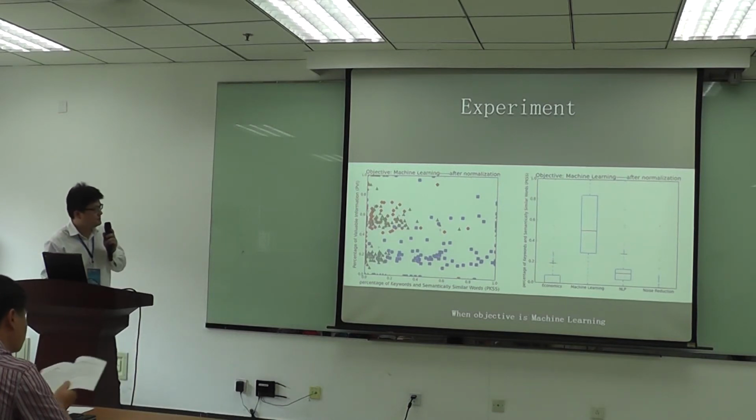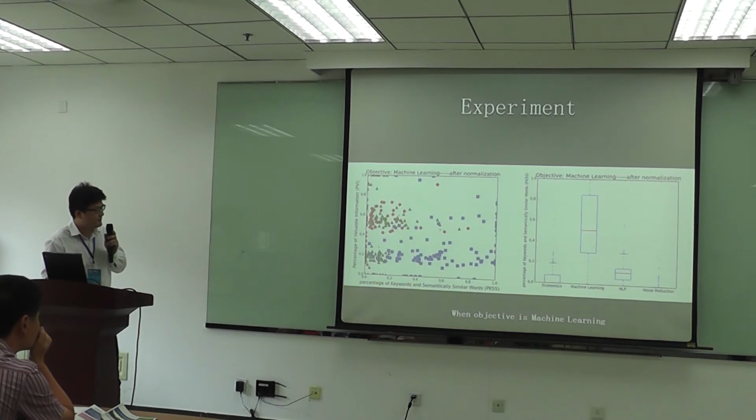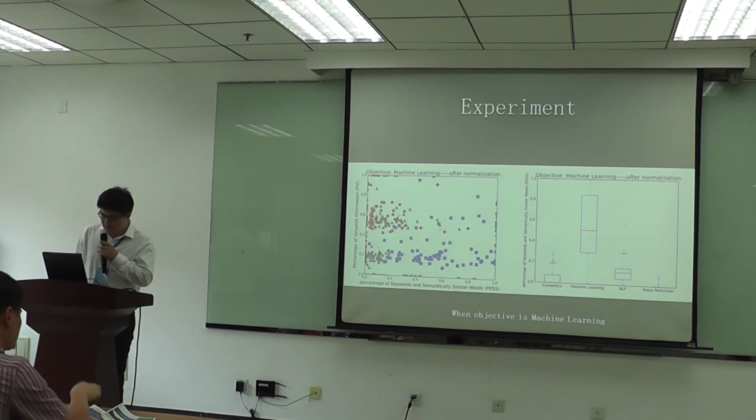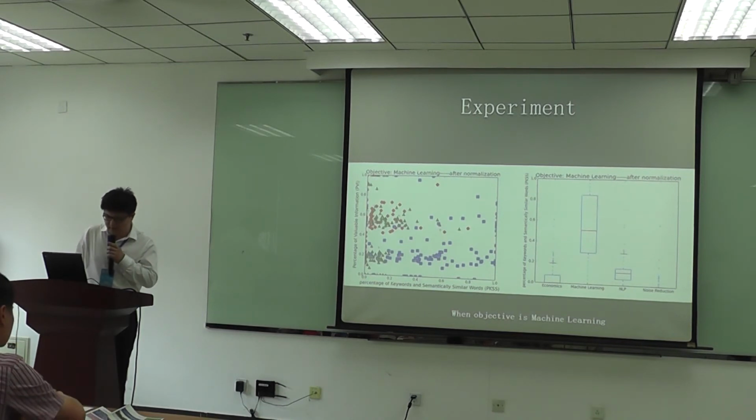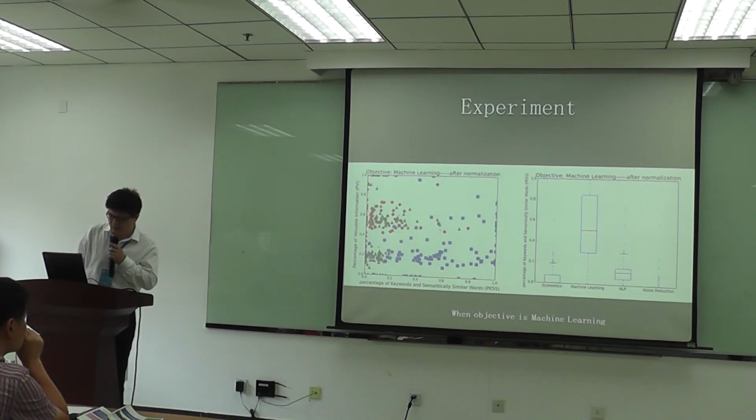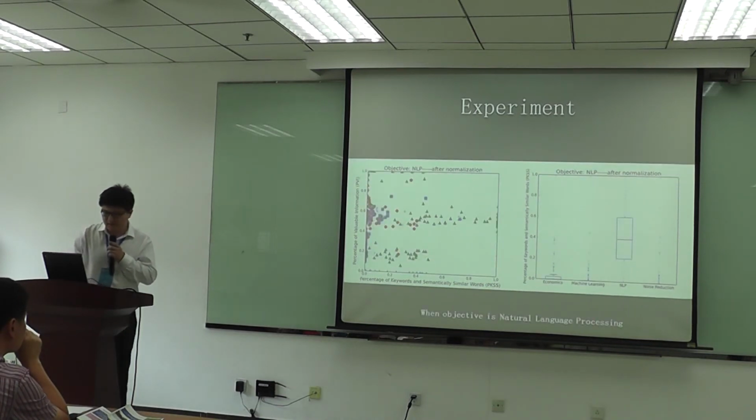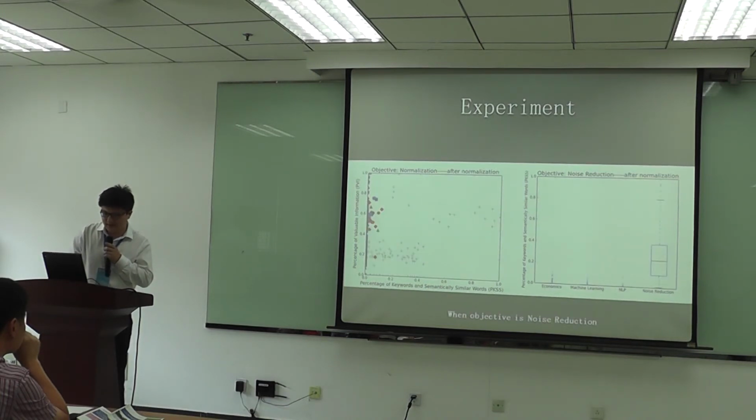And then natural language processing is the one with green triangles. The result is also sensible, because nowadays natural language processing uses machine learning as its fundamental toolkit. Similar results are shown in the rest of the tests.